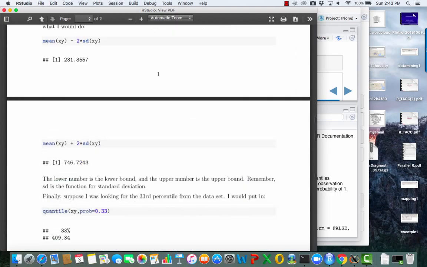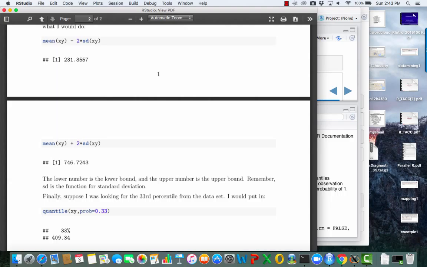Then I'd put in the mean plus the 2 standard deviations and get the 746, and that would tell me that, excuse me, that 95% of the data falls between the 231.3 and the 746.7.